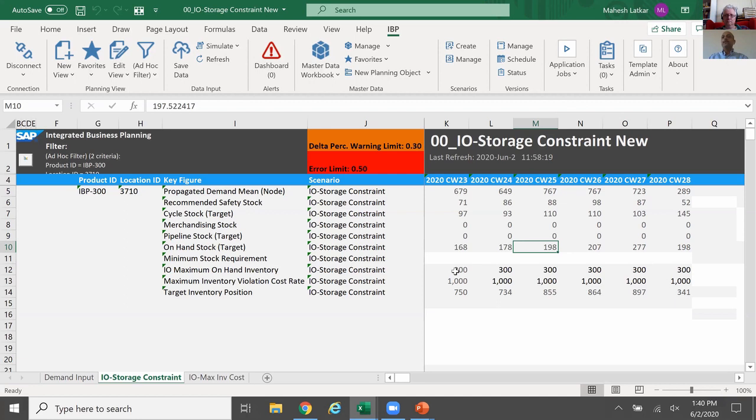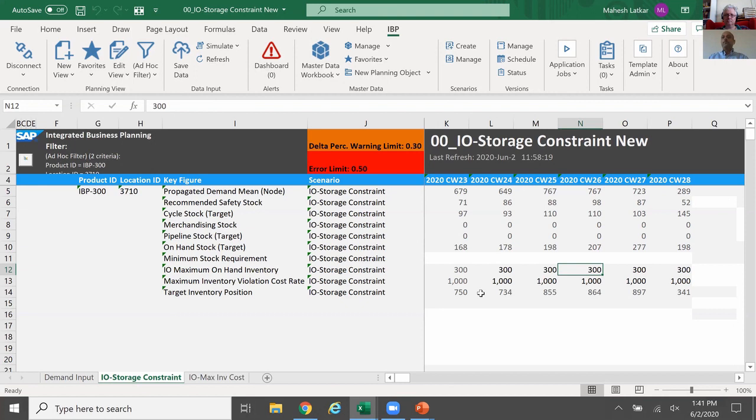Likewise, we can set these restrictions or limits using this key figure, and you can manage these on-hand stock targets. But if you keep adding a hard constraint on top of this, then this will not get precedence. Like we saw, we had put some numbers for minimum stock requirements earlier. So this becomes a hard constraint, and then it will violate this 300 quantity in that case.